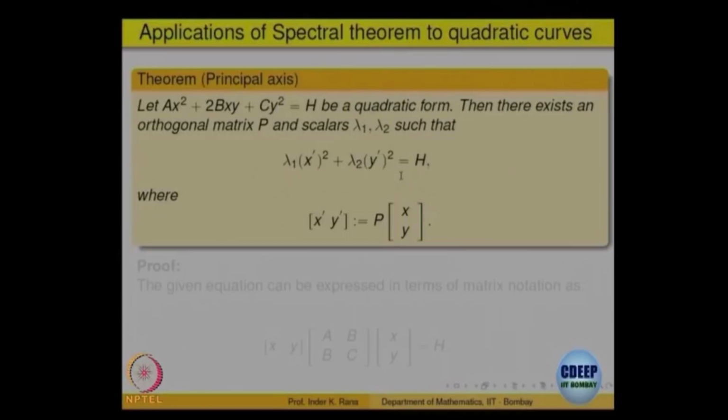Now let us try to understand the geometry of what we are doing. You are given ax square plus 2bxy plus cy square, which is some kind of curve. What does changing the variable by an orthogonal matrix mean? What are orthogonal transformations in R2?